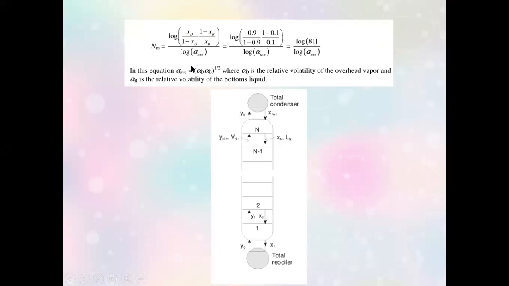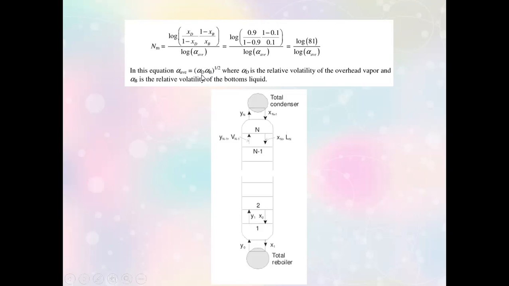The problem with this, or probably you will be asking now, is how do we determine this, the average relative volatility? The average relative volatility is actually the geometric mean of the two relative volatilities. You take the product of the relative volatility of the distillate, multiply it with the relative volatility of the bottoms liquid, all in terms of the light component, and you get the square root of such.